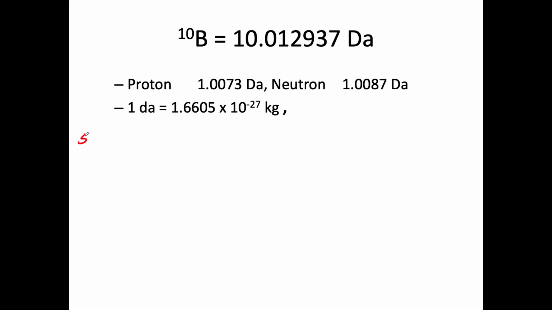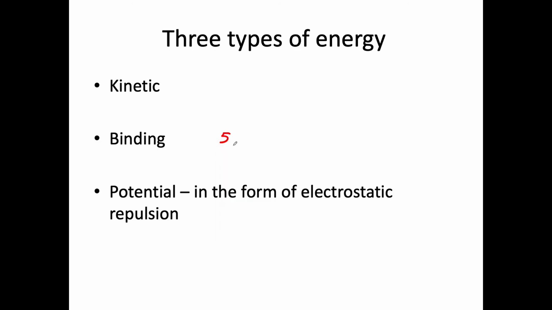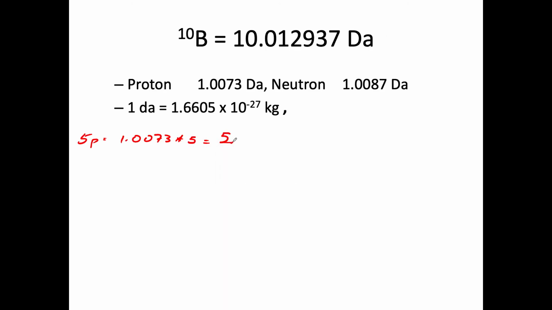So we've got 5 protons. Each one is 1.0073. I'm going to multiply that by 5. I'm going to do the calculation with me. 1.0073 times 5 is going to be 5.0365 Daltons.